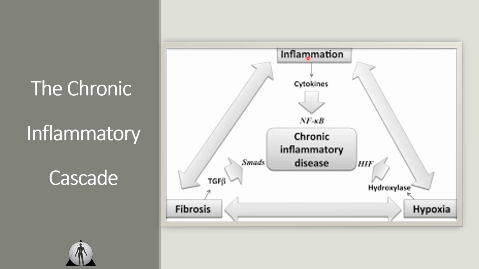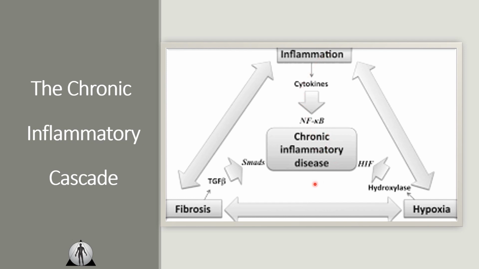As the inflammation happens, it causes the body to lay down scar tissue in the form of fibrotic tissue and other mediators of inflammation. As we lay those down, it causes the local tissue to lose oxygen, called hypoxia, which accelerates the inflammation, and it feeds into this chronic inflammatory situation.